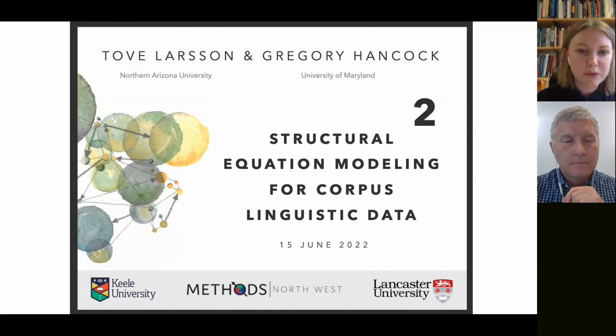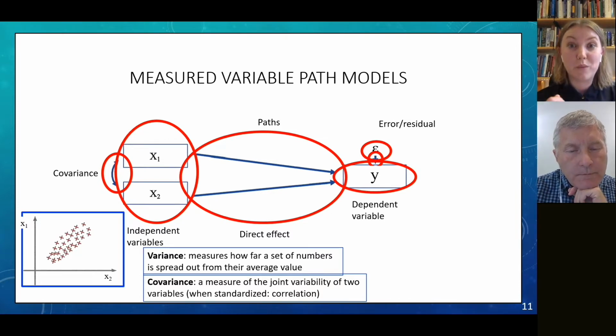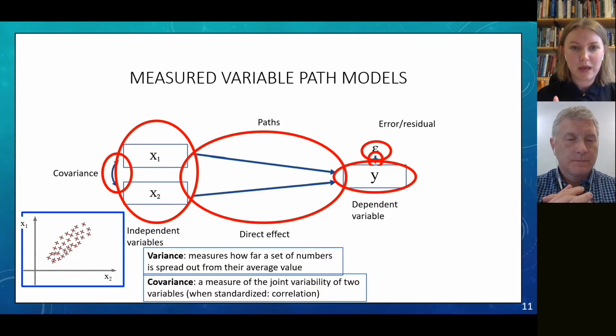And so when we talk about covariance, we're in the unstandardized universe. But you might be more familiar with the standardized universe, and that would be correlation. So in this case we have variables x1 and x2, and we allow them to covary.